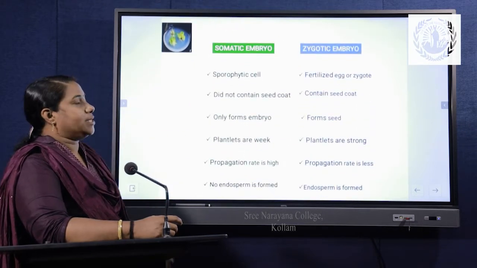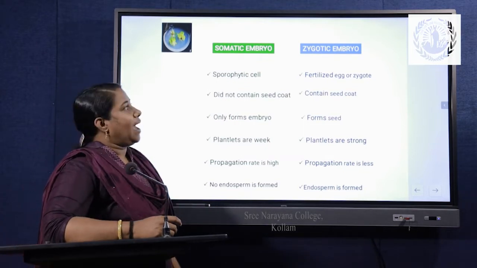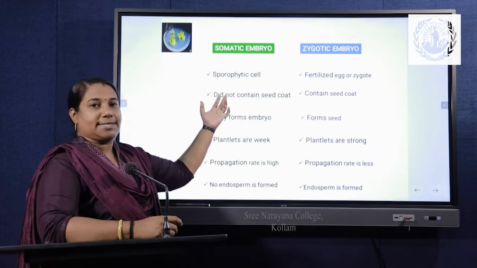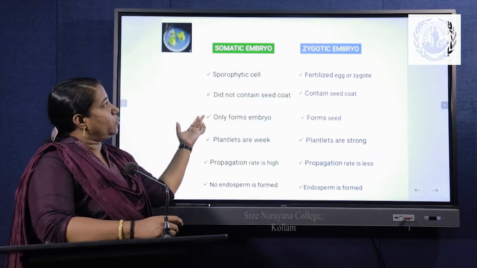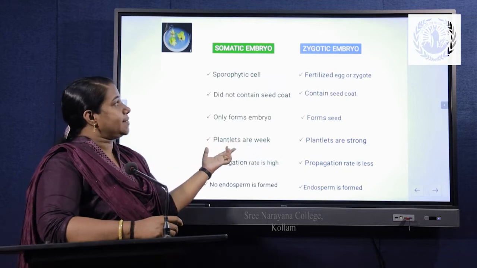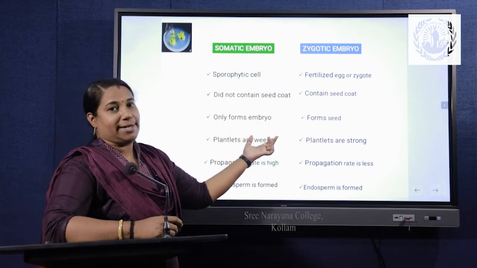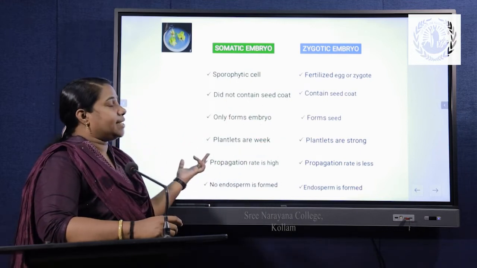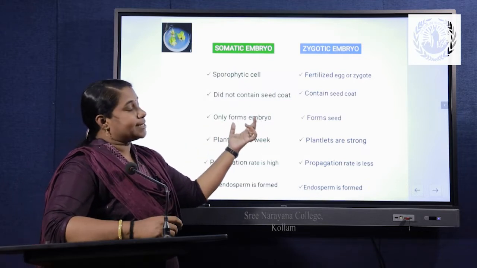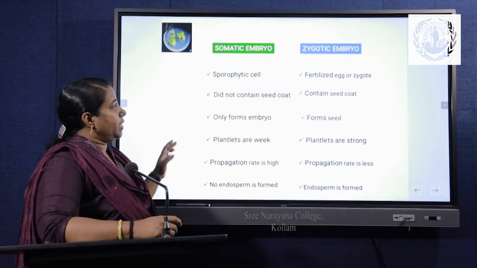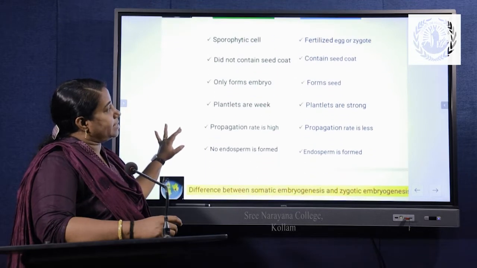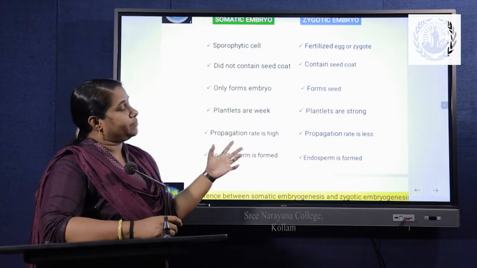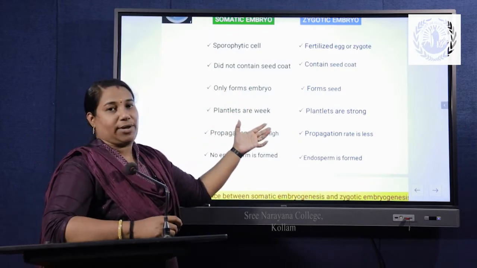Here we discuss the differences between the somatic and the zygotic embryos. Somatic embryos are developed from the sporophytic cells, whereas the zygotic embryos develop from the fertilized egg cells. Somatic embryos do not contain a seed coat, whereas zygotic embryos contain a seed coat. The somatic embryogenic plantlets are very weak, whereas the plantlets derived from the zygotic cells are very strong.